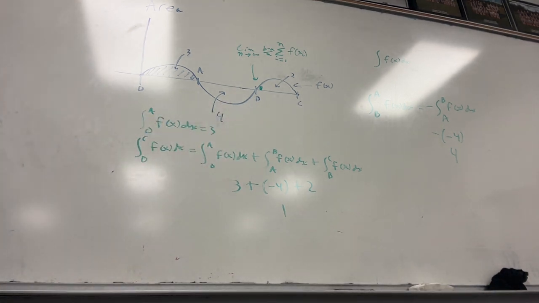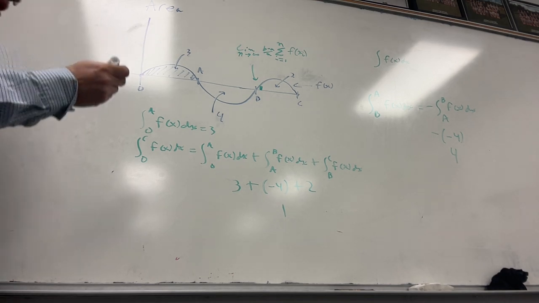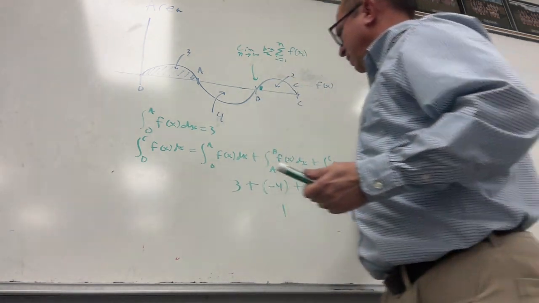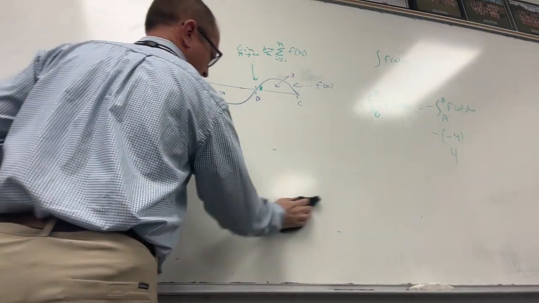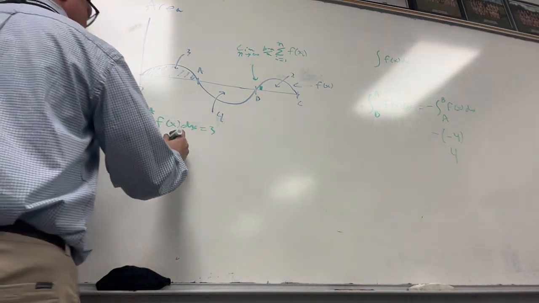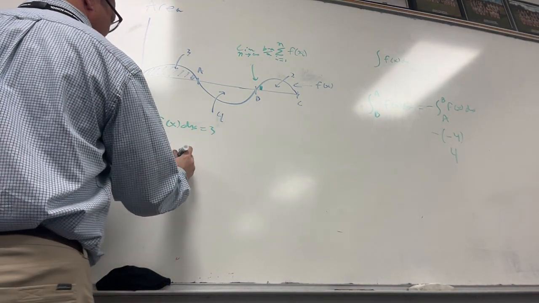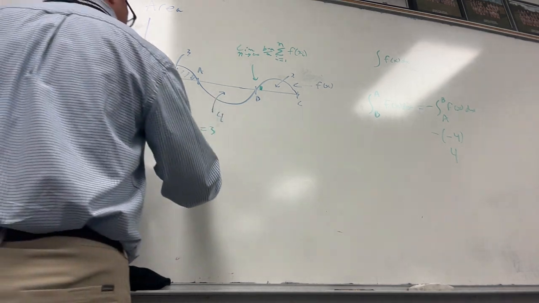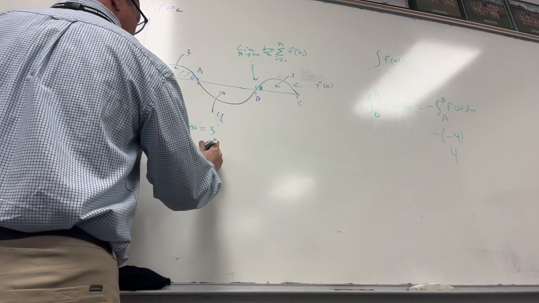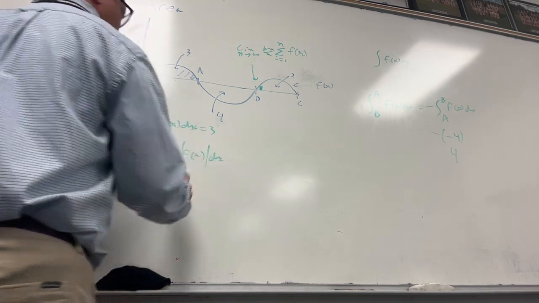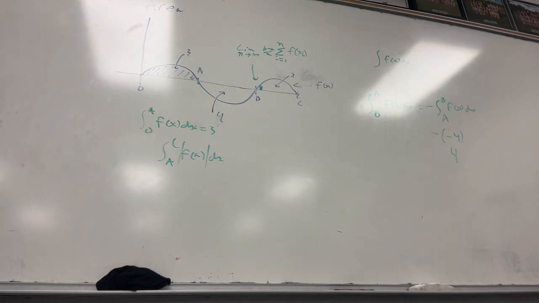The only other thing I could do in here would be to say, okay, let me erase this one real quick. I could say that we're going from a to c of f of x dx, but I'm going to do it as the absolute value of it.